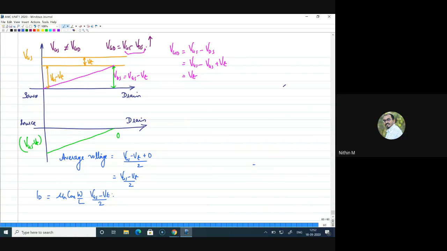And VDS is also equal to VGS minus VT. That means this will give you the expression half mu n Cox W by L into VGS minus VT the whole square. So at this point, we say that the MOSFET current will not increase further, and from here onwards, we will identify this as the saturation region.